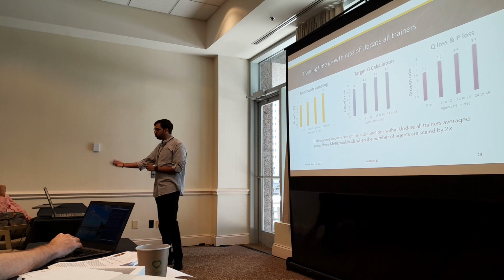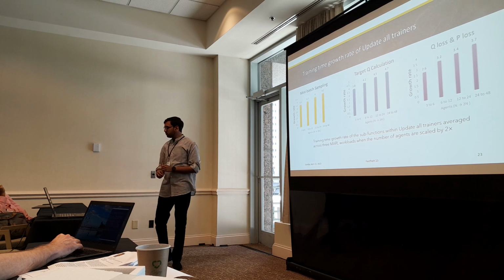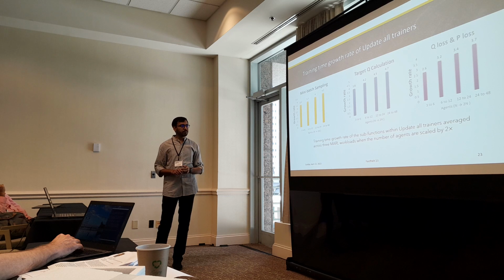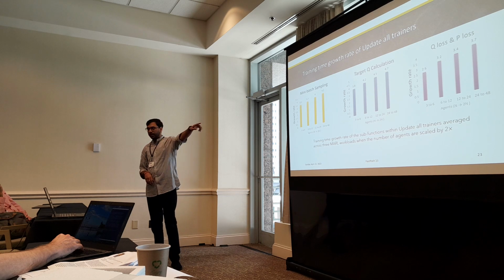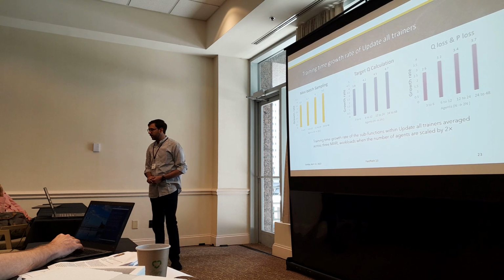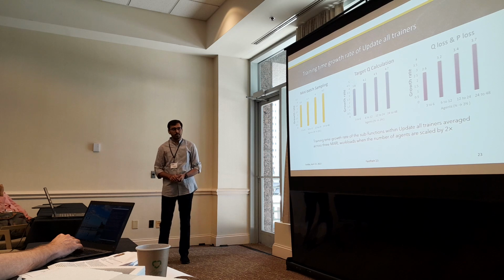Only when agent 1's action is executed do we get to see agent 2's action. That's how this model works. Yes, as you said, the Q loss and P loss can be parallel.